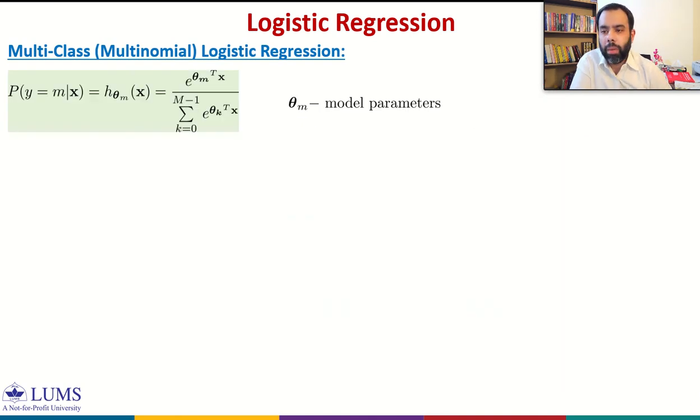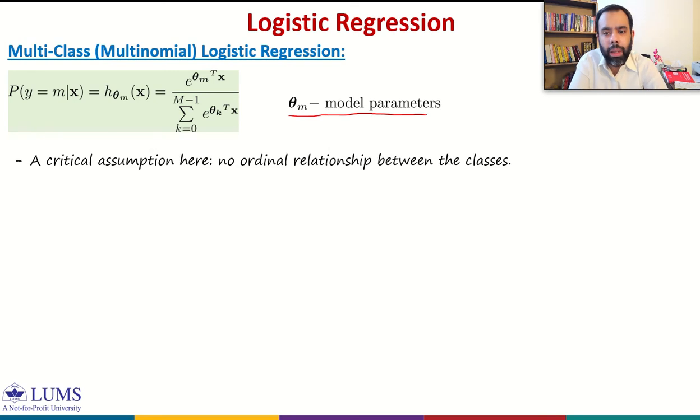That's how we have defined a multi-class logistic regression model. Theta m are the model parameters for the mth class. A critical assumption here is that we do not have any ordinal relationship between the classes.